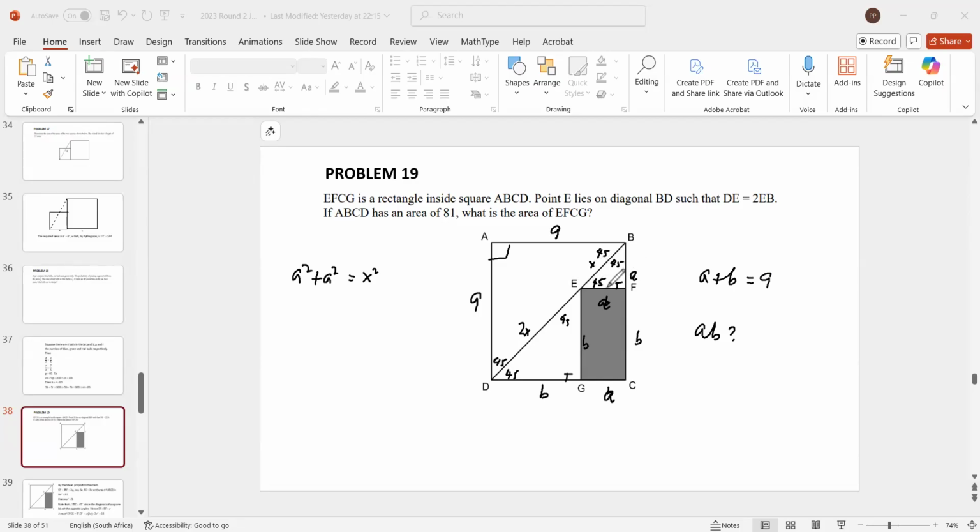So x squared is 2a squared. And here too, you've got a right angle triangle and it's isosceles. So again, but this time the hypotenuse is 2x, so when you square that it's 4x squared, which is equal to 2b squared. So the question is, what is AB?